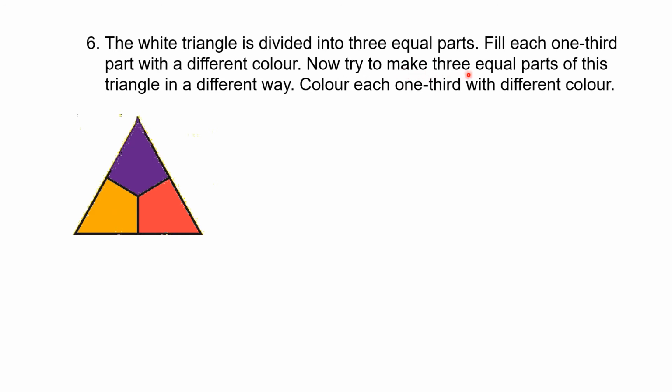Now try to make 3 equal parts of this triangle in a different way. Let us take the same triangle and divide it into 3 equal parts in a different way. Let us see.